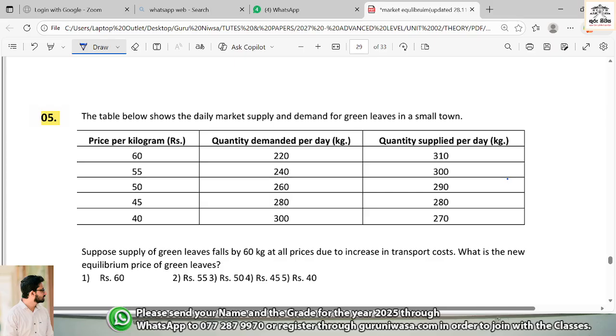Can you tell me how much the new equilibrium price? Sorry, not new, the original one, before this change. Dipna, how much is the equilibrium price of 1 kilo of green leaves before supply falls?